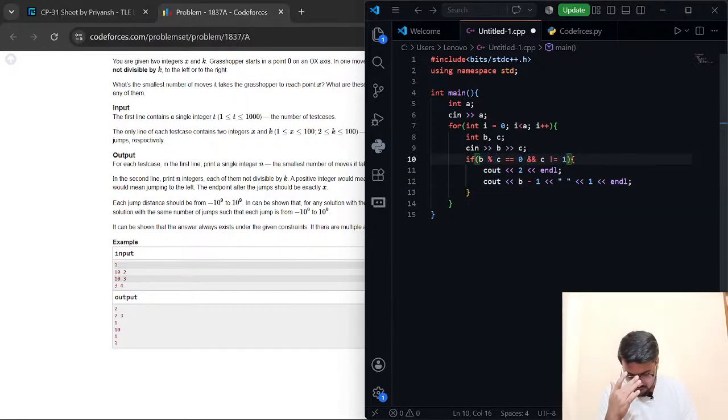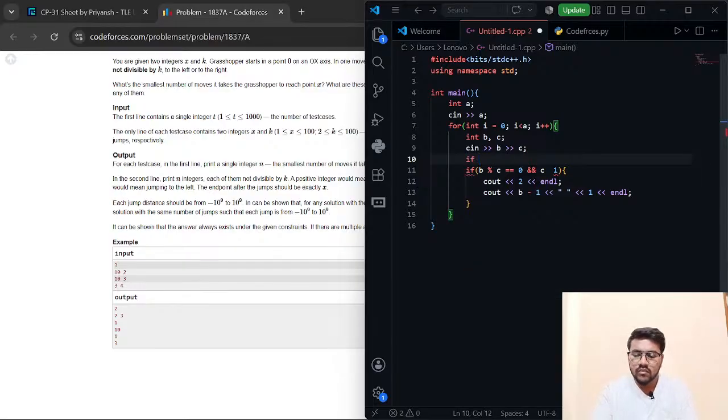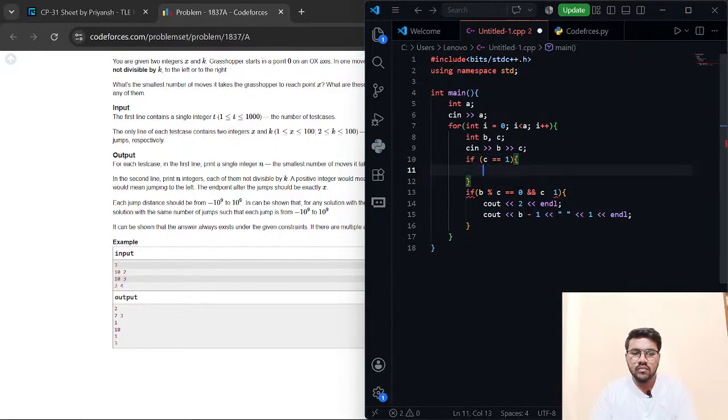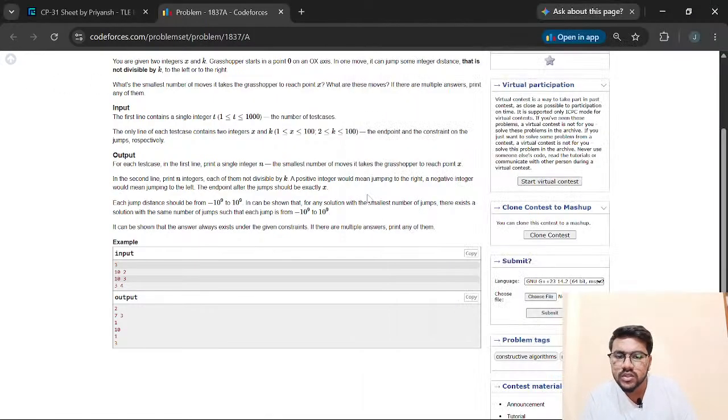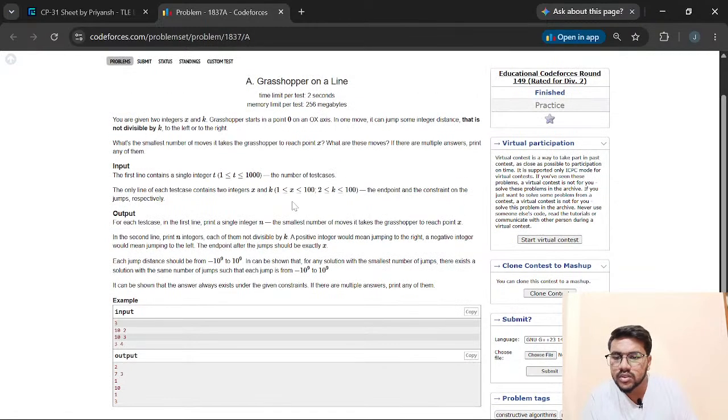If a mod b is present and C cannot be 1, K cannot be 1.